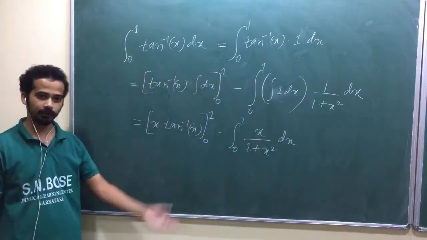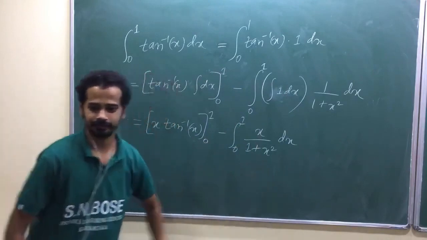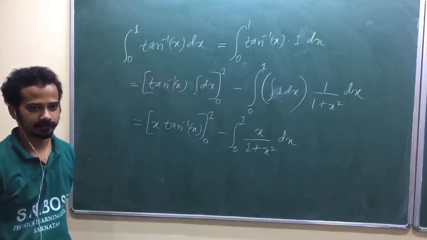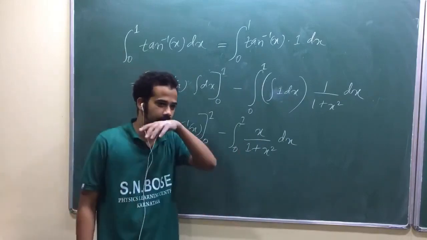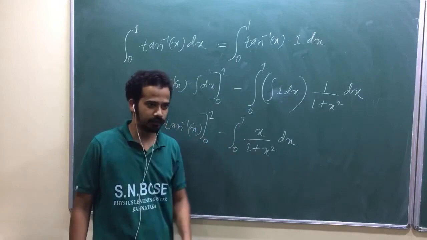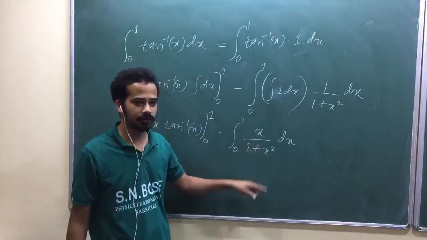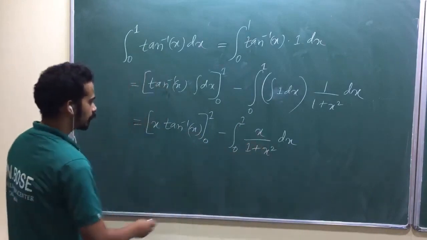We will do integration by substitution also. How do you do this one? Don't put x equal to some tan theta or something; you do that only if you have an under root. Here the numerator is the differentiation of the denominator, isn't it? So you can substitute for the denominator.